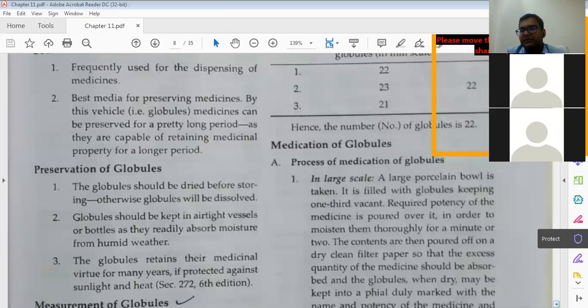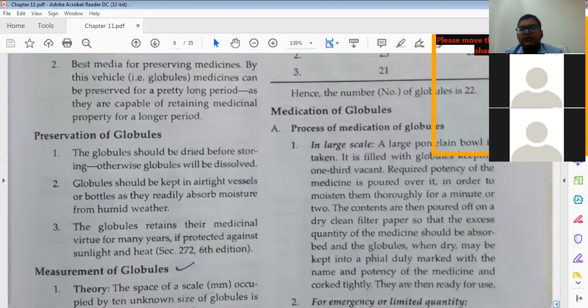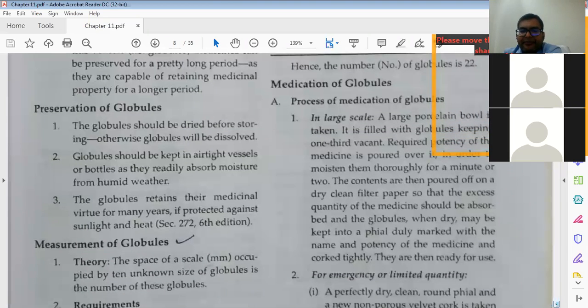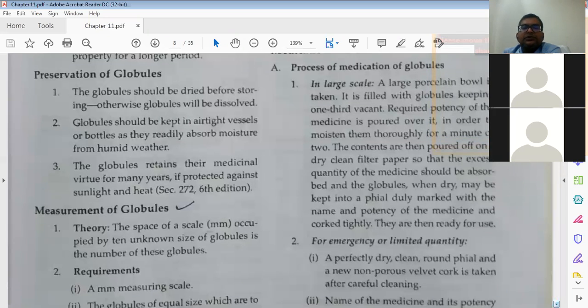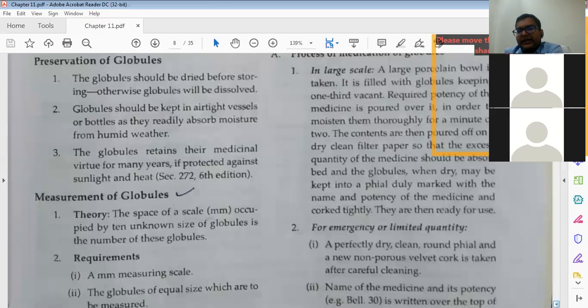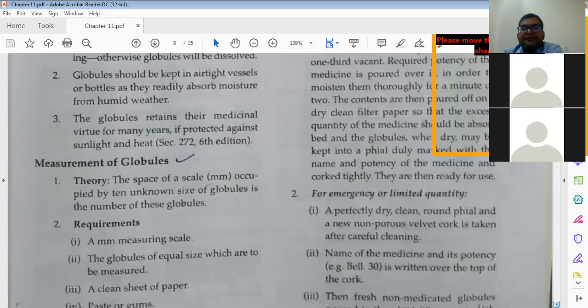The name and potency of the medicine should be marked there, and cork it tightly. They are then ready to use. After that you put it in the file, cork it well, and you can use it.